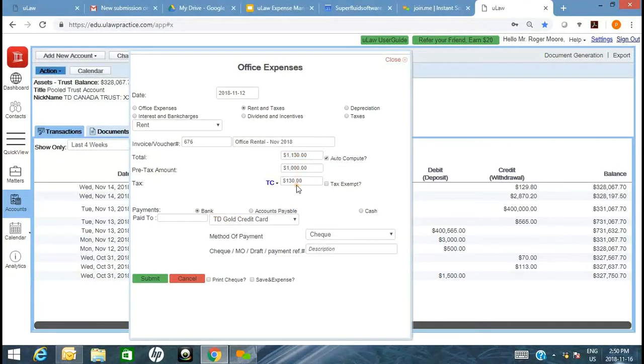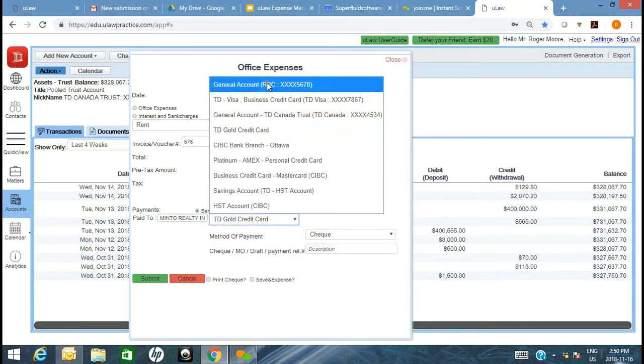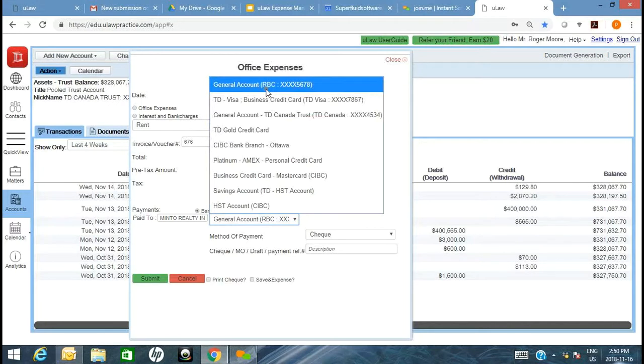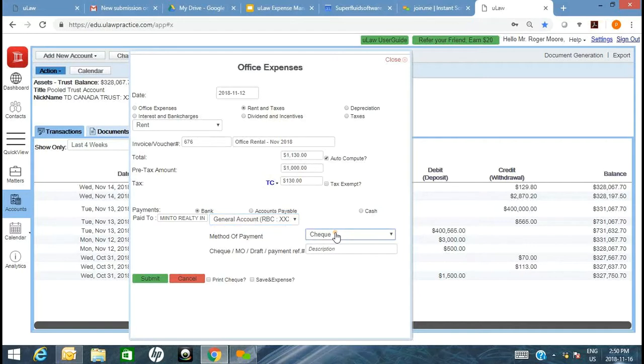Okay? So we've captured the amount, and the last set of questions is around who did we pay this to? So let's say this is Minto Realty Inc. And how did you pay for it? So maybe you paid it right off your general account. And these are accounts that are meant to reflect real-life accounts that you have in your banks.